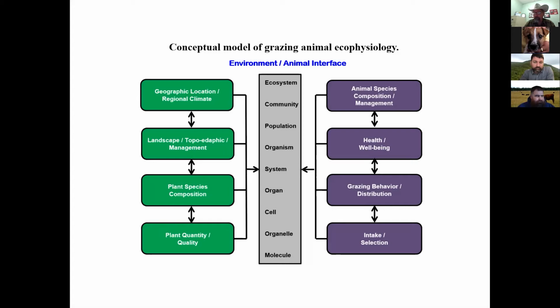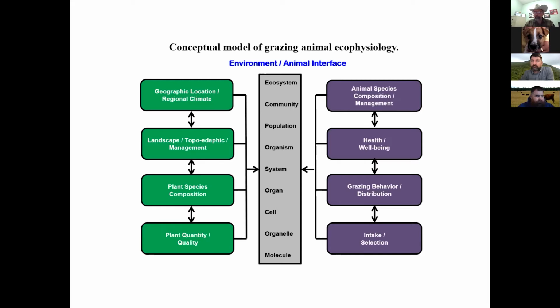What we're going to be talking about is going to be principles that will work on both sides of what we've always known as the plant-animal interface. I've kind of expanded that a little bit to give it a little broader and deeper spatial and temporal scale. So we call it the environment-animal interface.